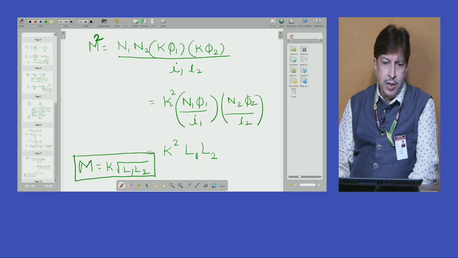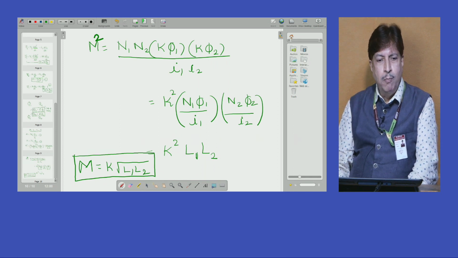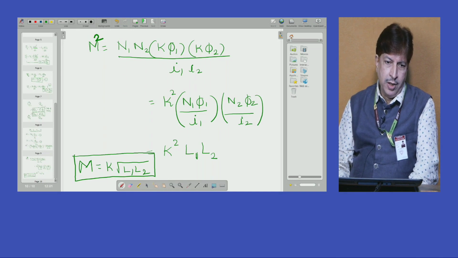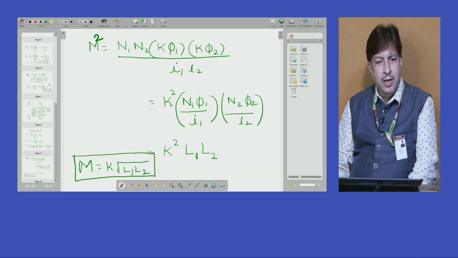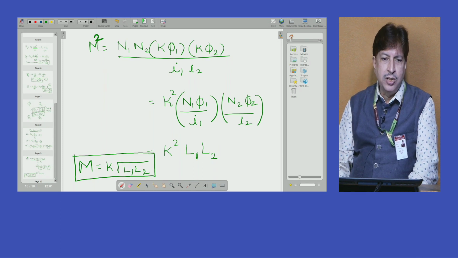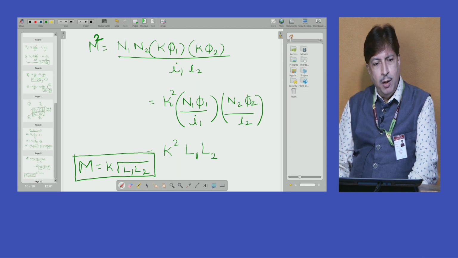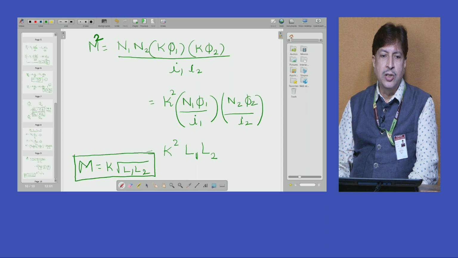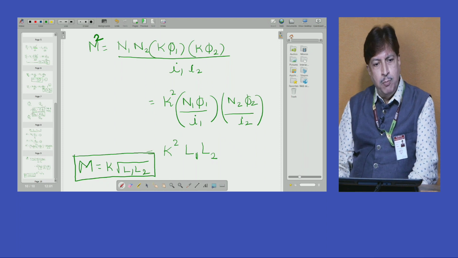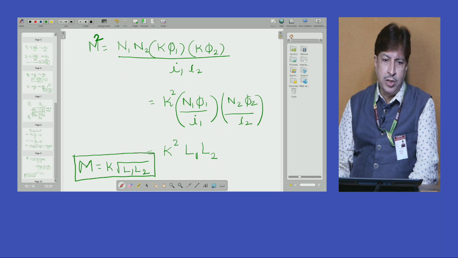There will always be mutual inductance between the coils of a magnetic coupled circuit. The mutual inductance is the ability of a magnetic coupled circuit to induce EMF in the other coil whenever the main coil's flux or current is changing. The fraction of the main flux linking the other coil is called the coefficient of coupling.